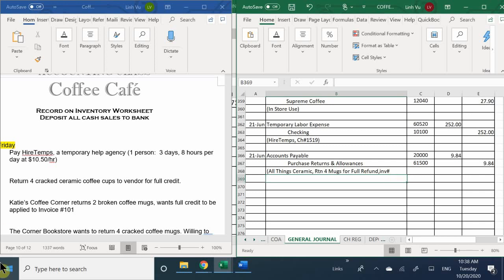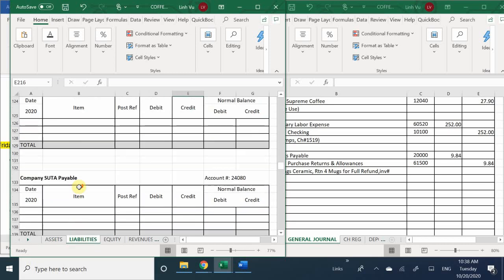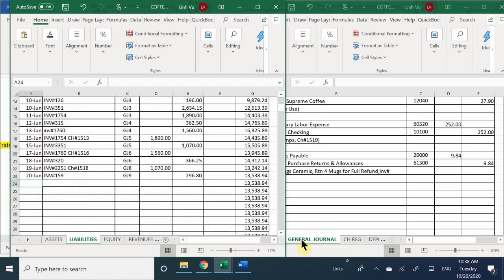So where do we need to go next? Ledger. Okay, so this time we're going to decrease our accounts payable. What do you want to put here?